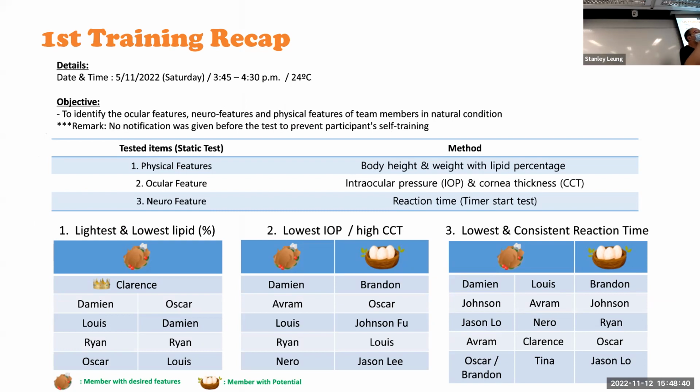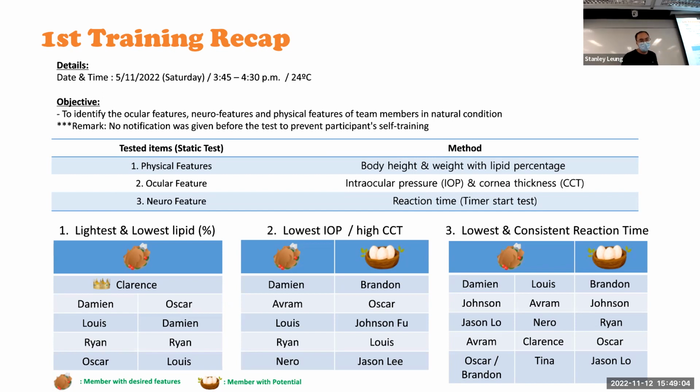I didn't want somebody to say, oh, this week I do a benchmark test, so I do some tests first. So I didn't tell you anything. We do three parts: your benchmark of your body weight, your height, your body fat percentage, the ocular features, and the neural features. So Clarence is the lightest and the fittest guy in our team.